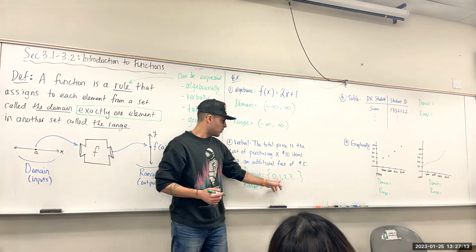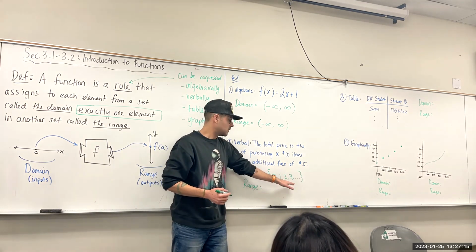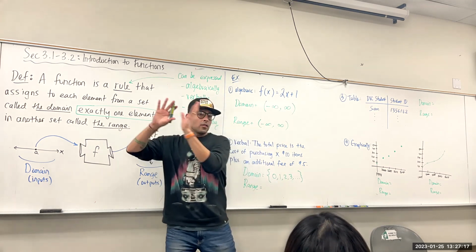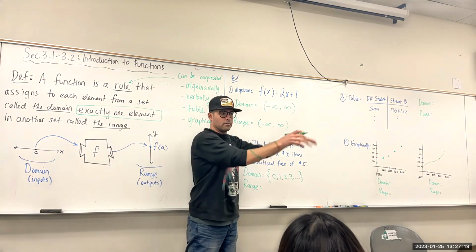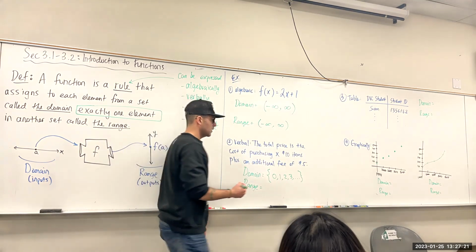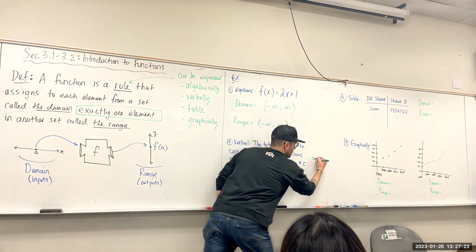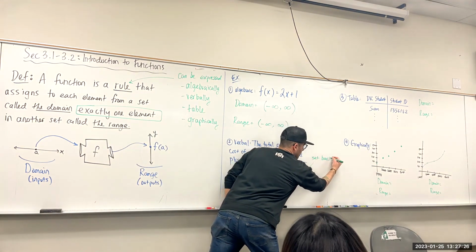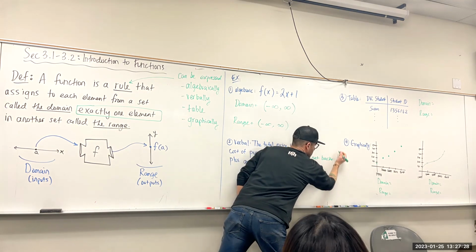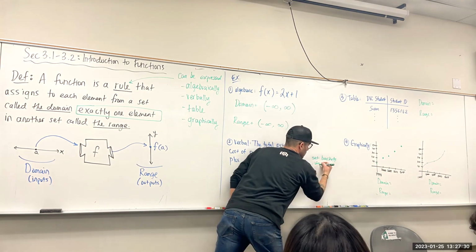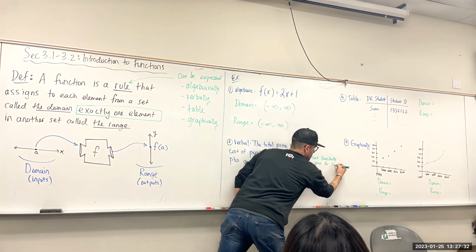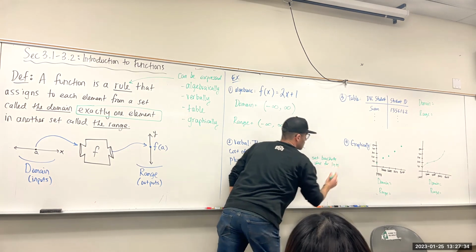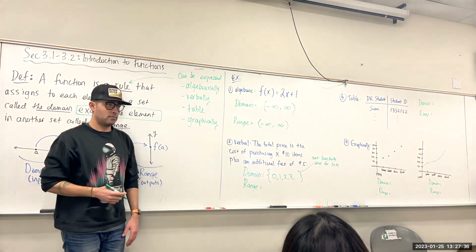And yes, you can write more than 2 numbers. Versus in interval notation, you only write the lower bound and the upper bound. Okay? So these are called set brackets, used for lists, when your domain and range is a list of things.